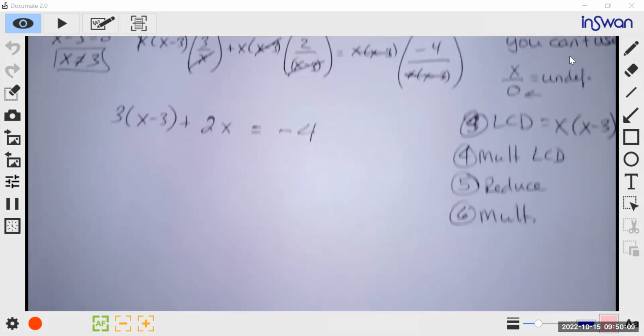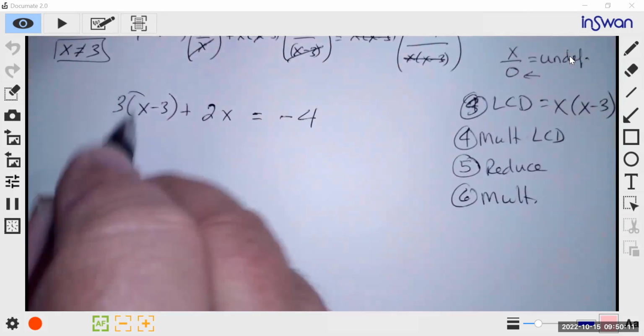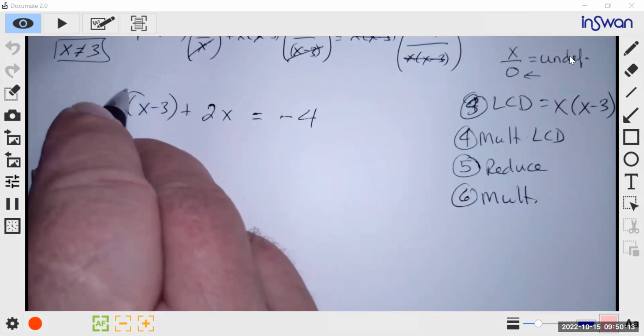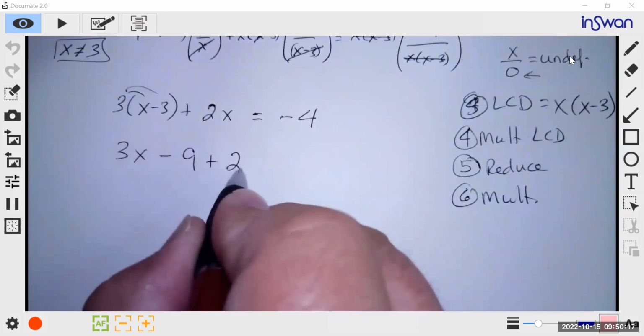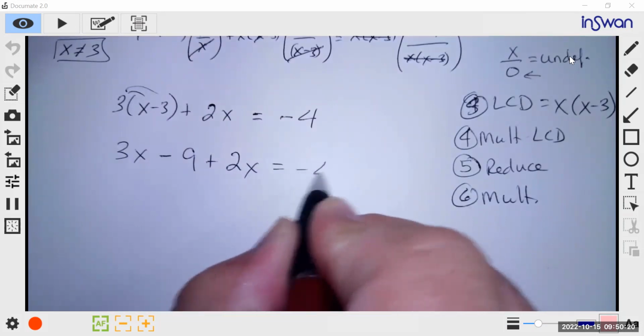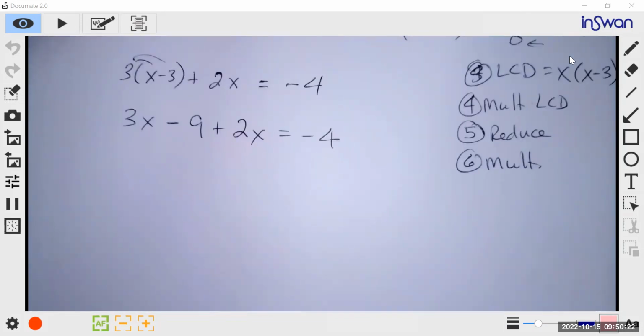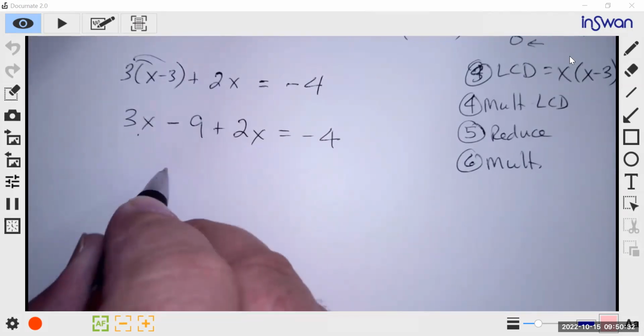Multiply to get rid of the parentheses. 3 times x is 3x. And positive, negatives, and negative. 3 times 3 is 9. Whenever you get rid of parentheses, always combine like terms. 3x plus 2x is 5x.